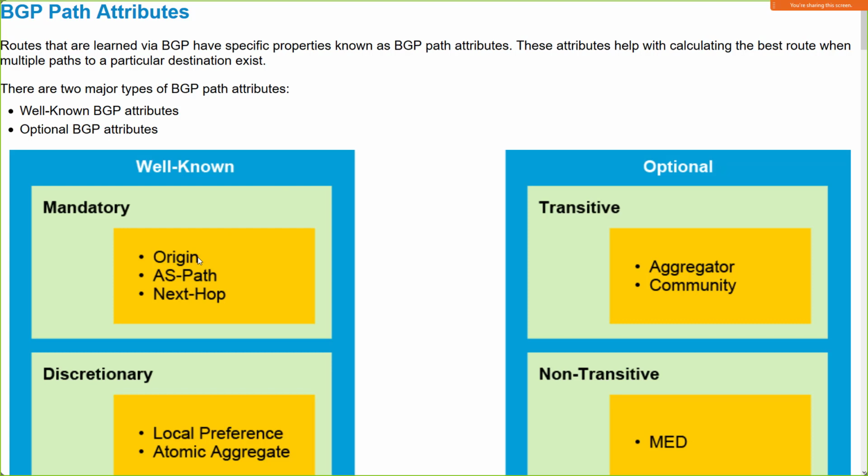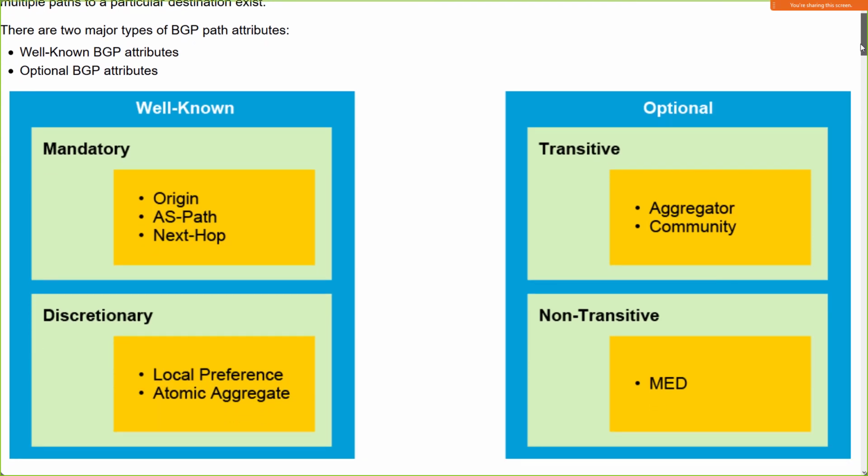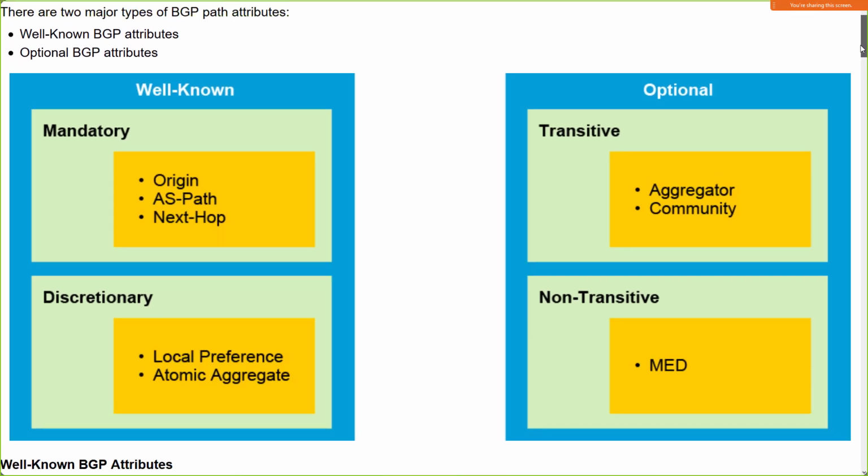There's only 3 well-known mandatory attributes: origin, AS Path, and next hop. By the way, all those show up in the show IP BGP output. A well-known discretionary attribute, as I mentioned, is one everybody understands, but whether you decide to use it or not is up to you. Optional means you may or may not understand it. It may not be part of your BGP implementation.